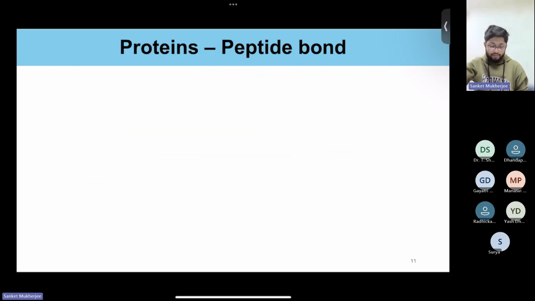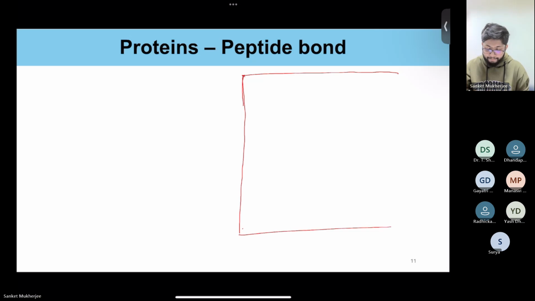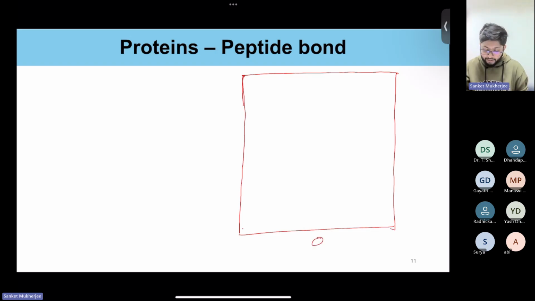How does a Ramachandran plot look? It's very simple. As I already told you, it's a plot for the phi angles and psi angles. So phi and psi are the axes, and in the middle you will have the zero axis.